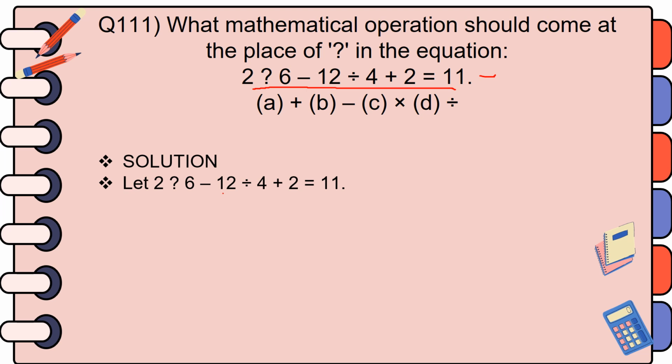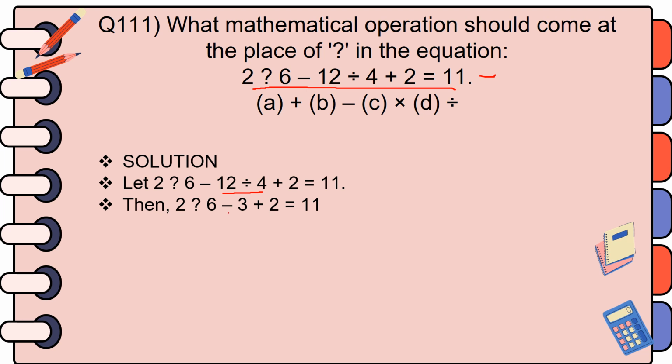So we have the division here, 12 by 4. Then we can simplify it into 3. That means 12 divided by 4 is 3. Then we can rewrite this equation as 2 question mark 6 minus 3 plus 2 is equal to 11.